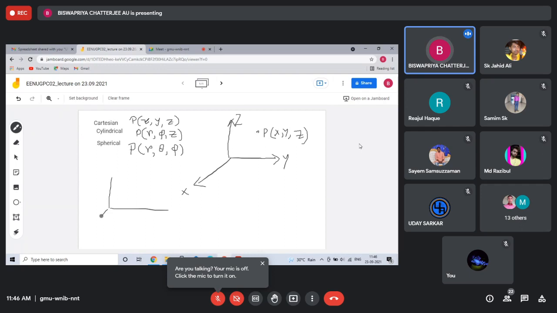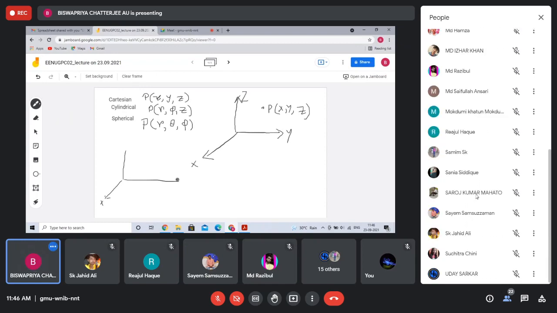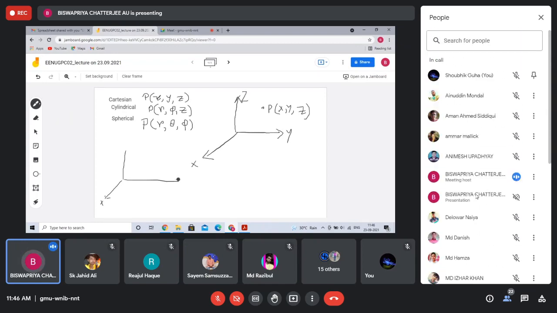In the second case, in the cylindrical system, this is X, this is Y, and this is Z.